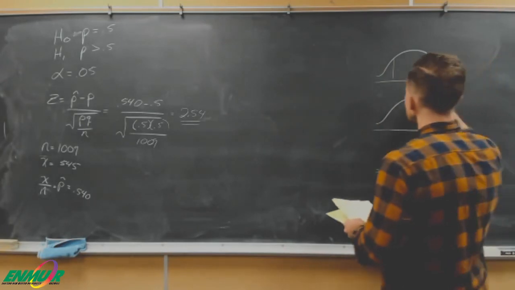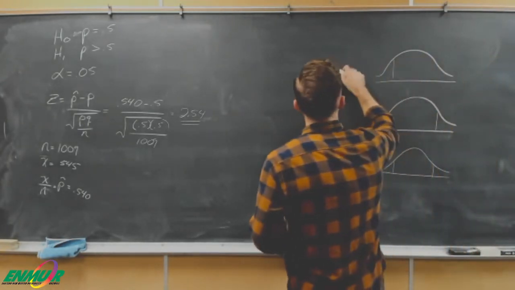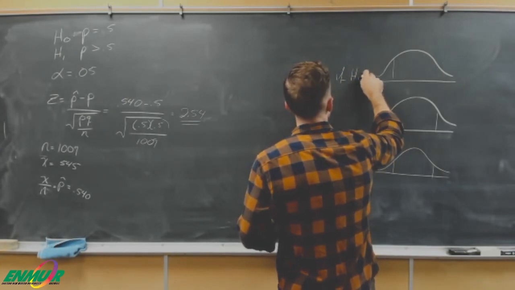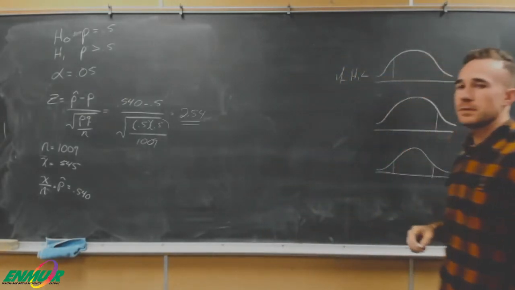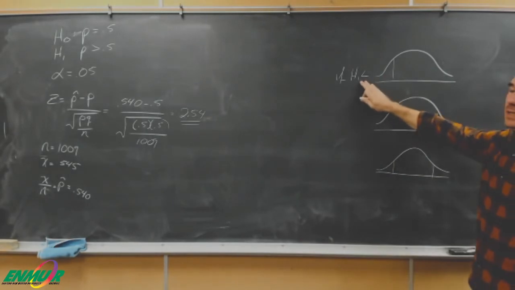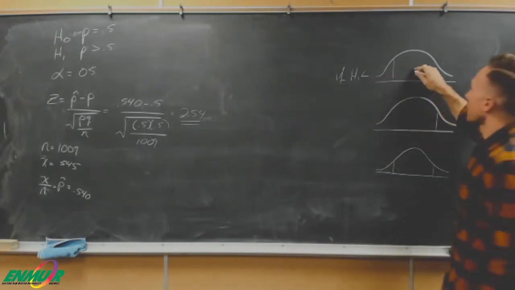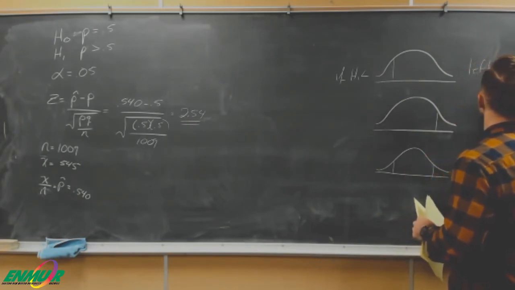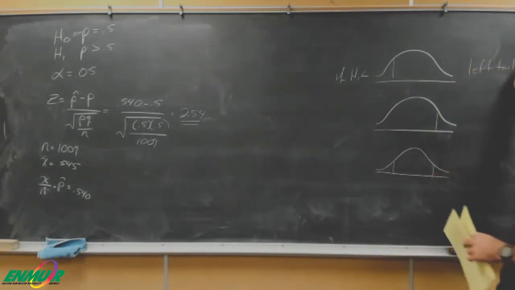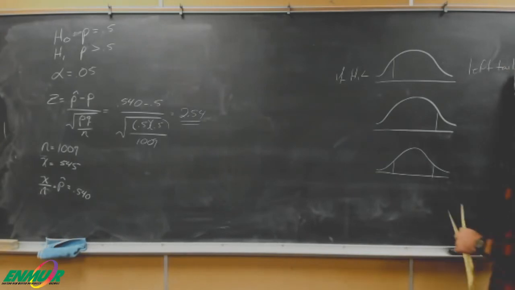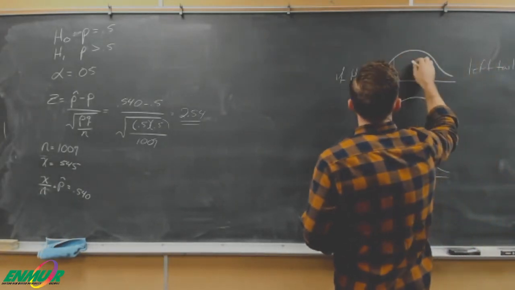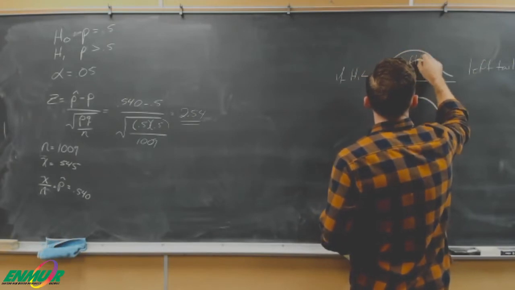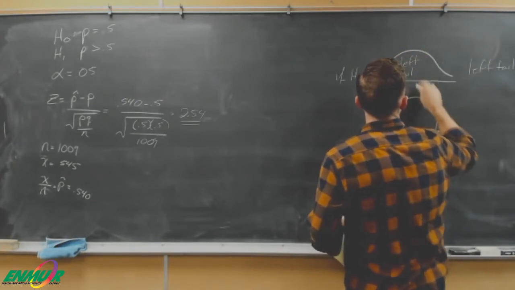So if my alternate hypothesis is less than some value, then I'm going to have what's called a left tail test. Can you still read that? Not really. So, left tail.